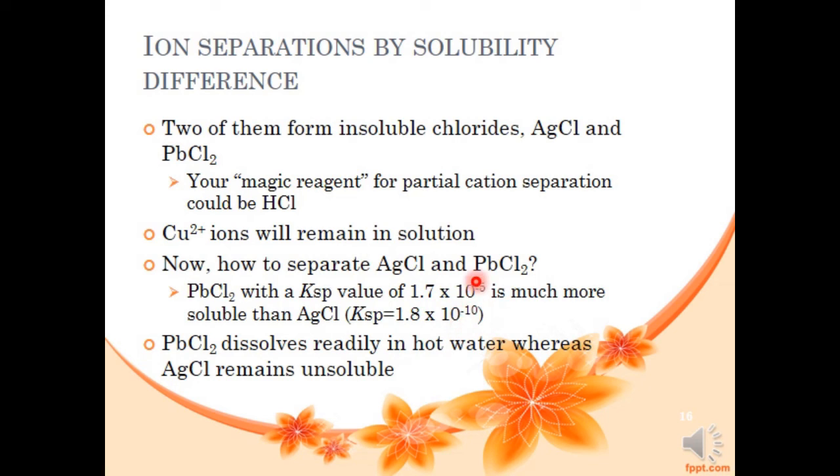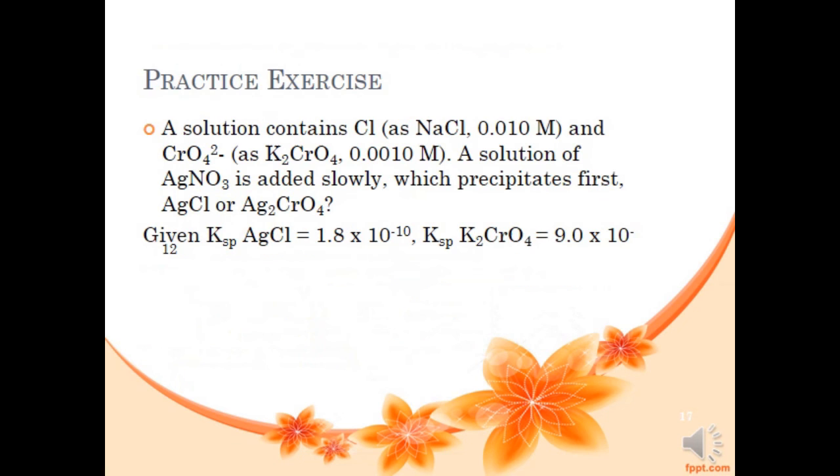So from this KSP value, the lead chloride is more soluble. When it is more soluble, it means we add hot water, the lead chloride will dissolve and silver chloride will remain in solid form. So we can separate lead and silver.